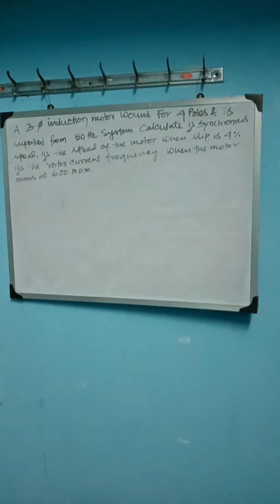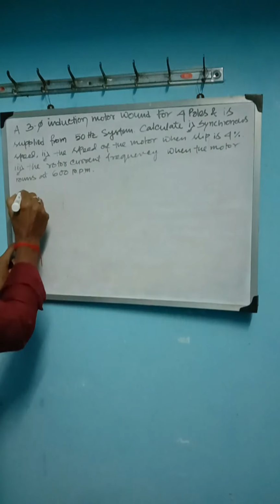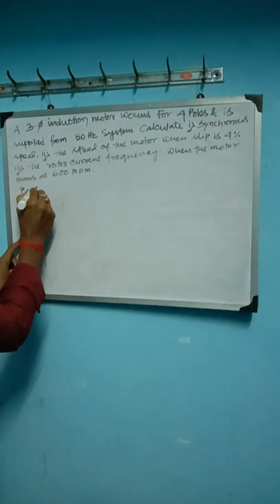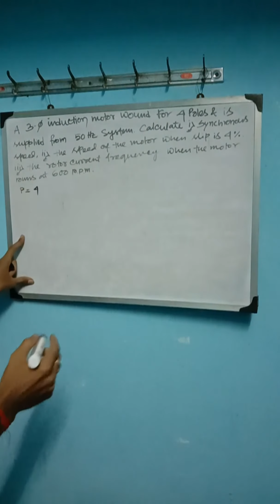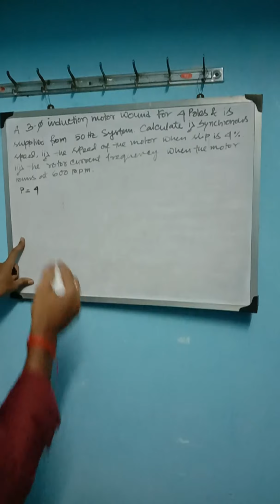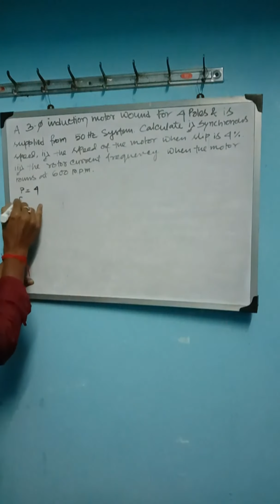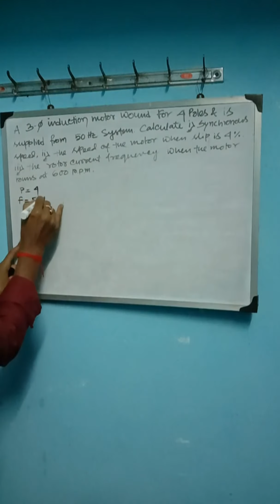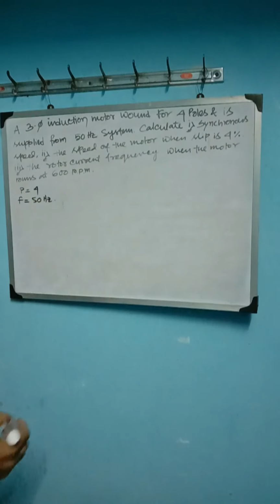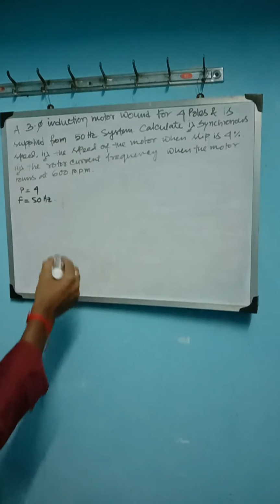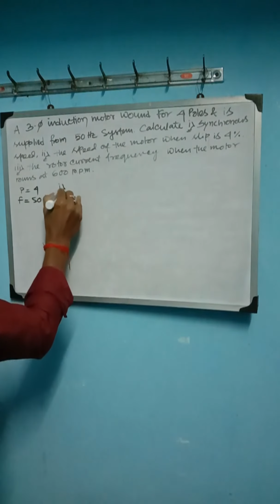Now another problem: a 3-phase induction motor with 4 poles. So here the number of poles P is 4, and it is supplied from a 50 Hz supply. So the supply frequency F is 50 Hz. Calculate the synchronous speed.